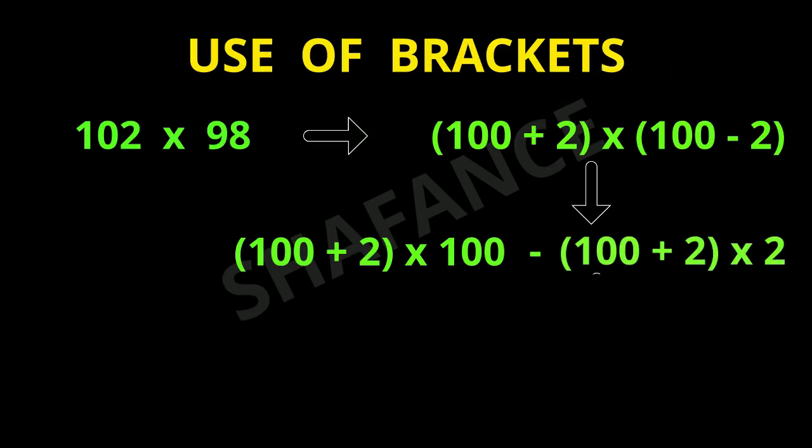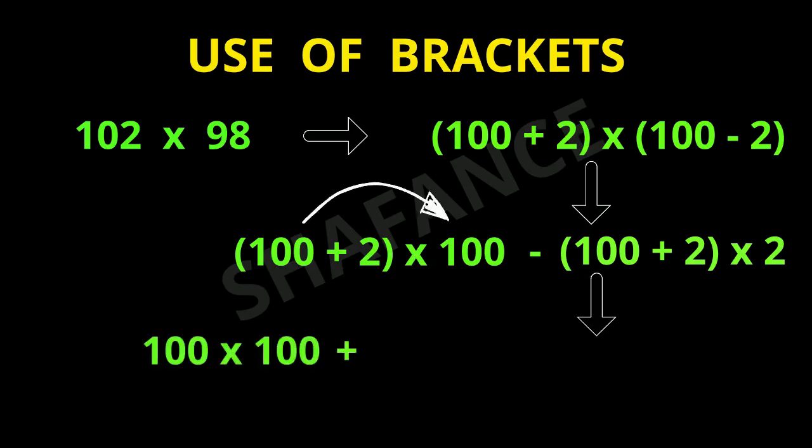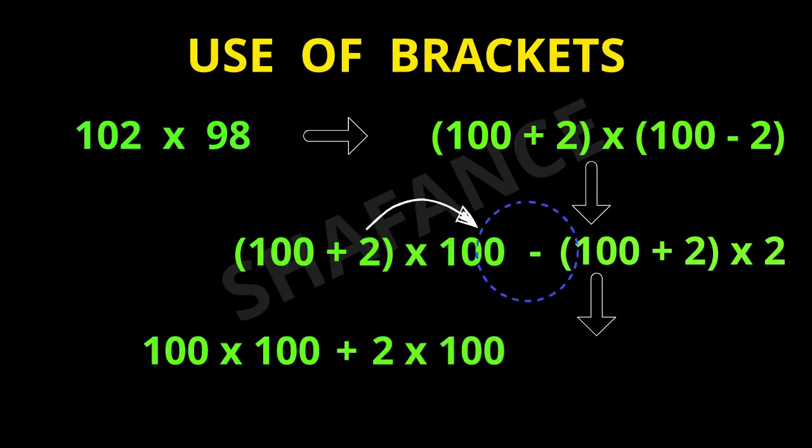And when we solve it further, opening the brackets that we already have, we get 100 multiplied by 100. Then we have a plus sign inside the first bracket, so we get plus, then 2 into 100. Now we already have a minus sign before the second equation, so whatever terms we get in the second equation, we get with a minus sign because there's a minus sign before the whole second equation.